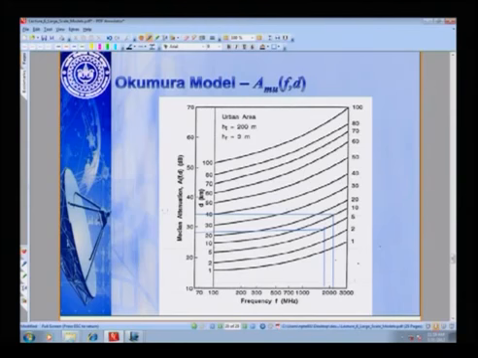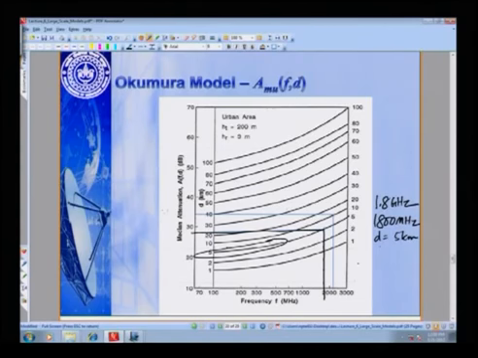For instance, if I want to look at what is the A mu factor at 1.8 gigahertz, or 1800 megahertz, corresponding to a distance d equals 5 kilometer, this is the curve for the distance of 5 kilometers, and you can see that that factor is something around 28 dB.